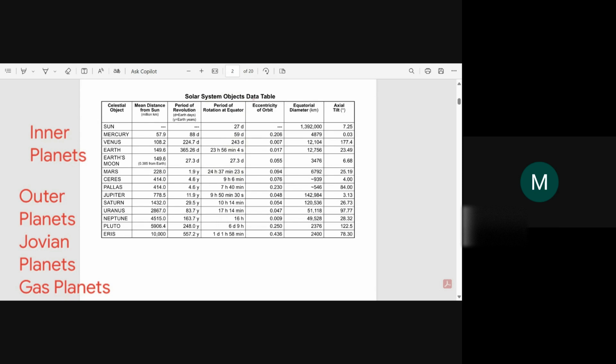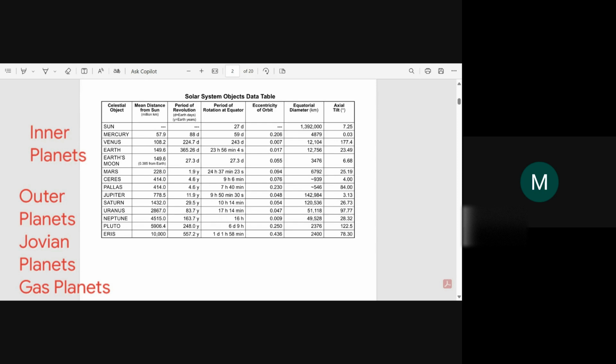The next column is the eccentricity. The eccentricity measures how oval the shape of a celestial object's orbit is. The orbits of the celestial objects in the solar system are not a perfect circle; they tend to be elliptical. The eccentricity tells you the degree to which it's elongated.